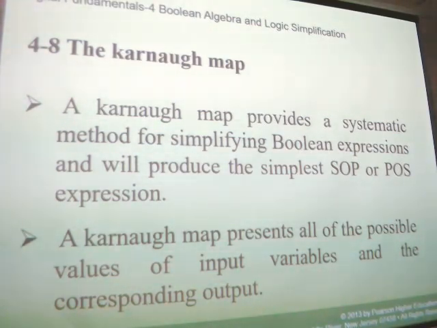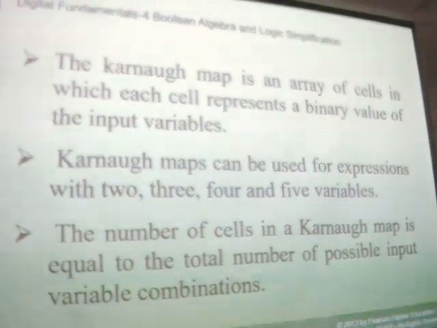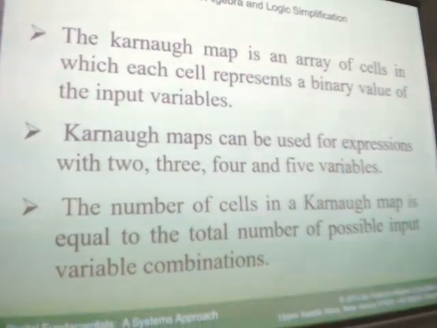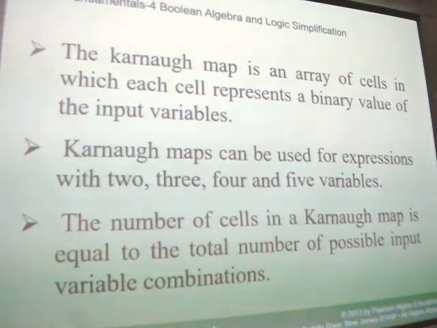A Karnaugh map presents all of the possible values of input variables and the corresponding output. It is similar to the truth table, but the form is different. The Karnaugh map is an array of cells in which each cell represents a binary value of the input variables.